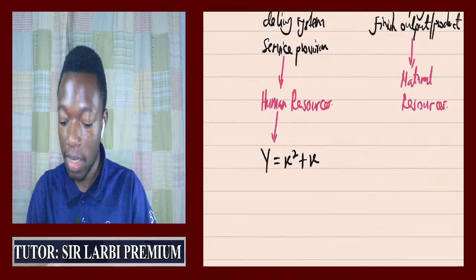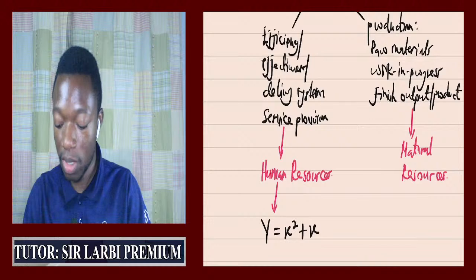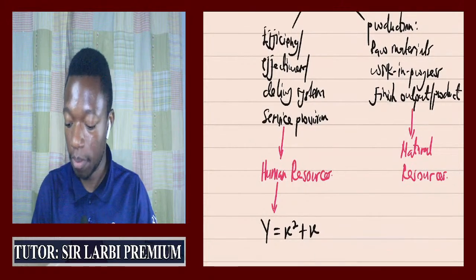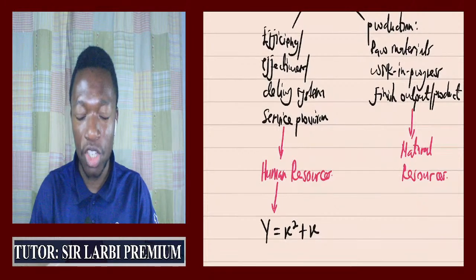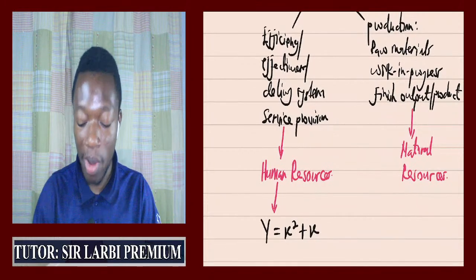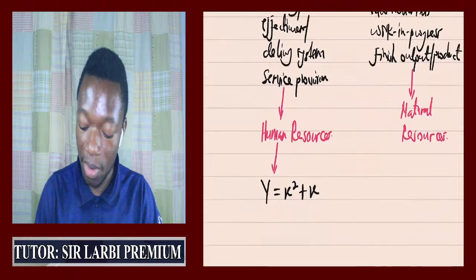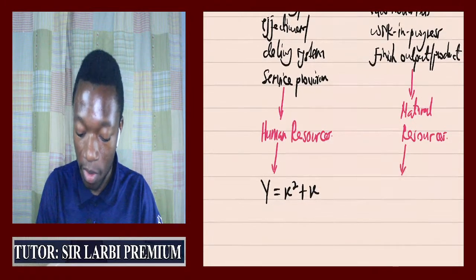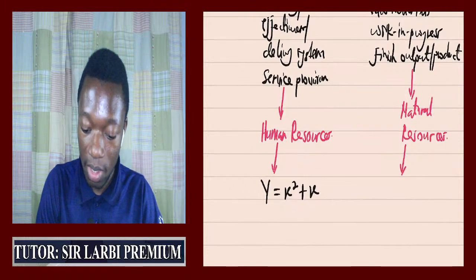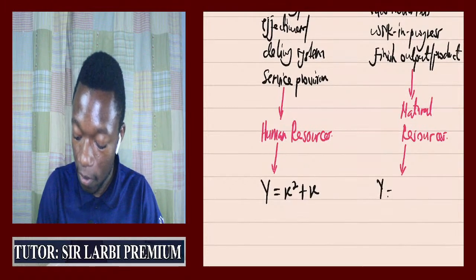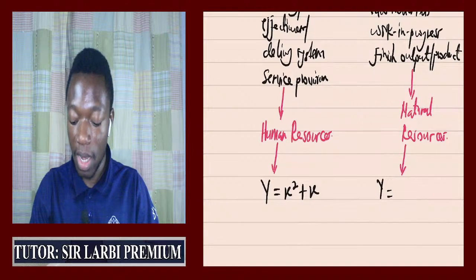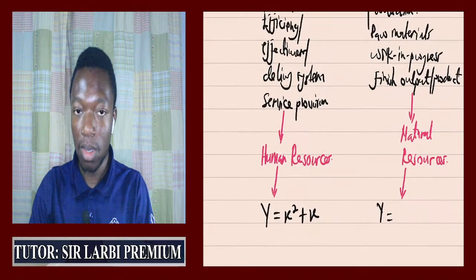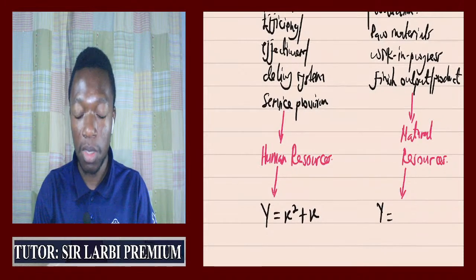That is fine. Let's come back to our production, which is as a result of the natural resources that we have. If there's also a change in our raw materials, our work in progress, our finished goods, let's say we want to represent that change by the same variable that we use for the human resource, Y. So what are some of the things that can influence our raw materials, work in progress, and finished output?